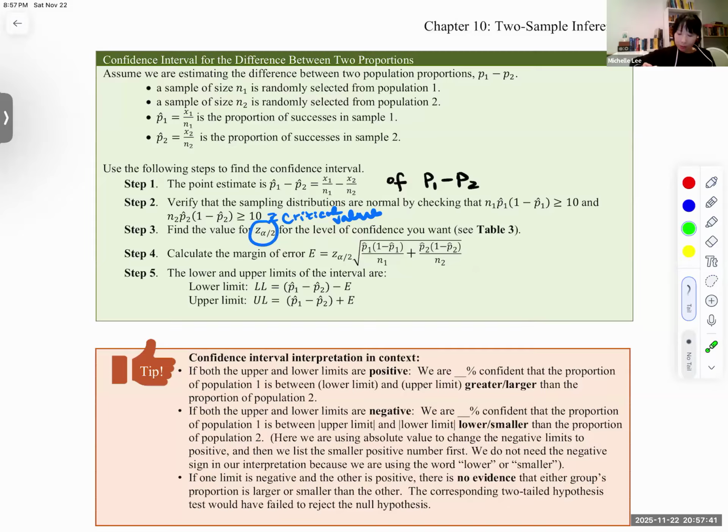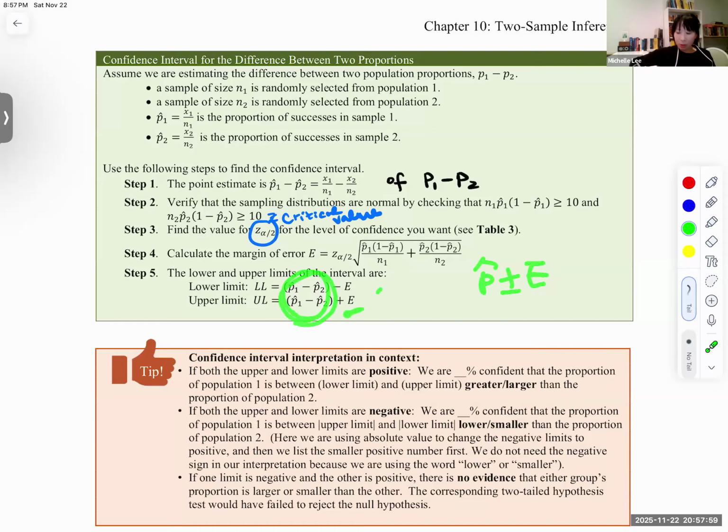Okay, now we have the lower limit and upper limit. Normally we have p hat plus or minus e, the margin of error. But here it's the difference between the sample proportions plus or minus the margin of error. Okay.